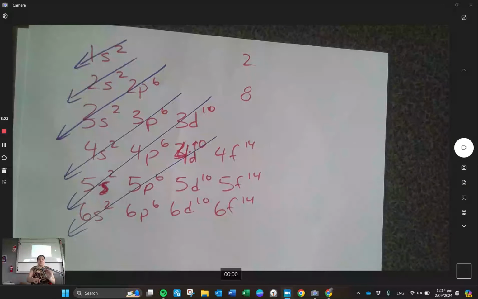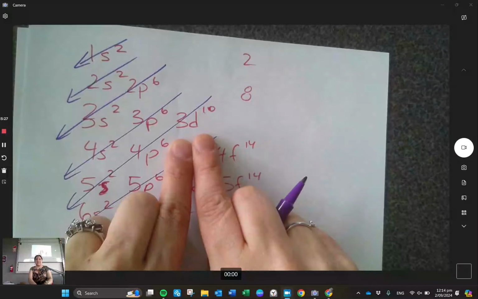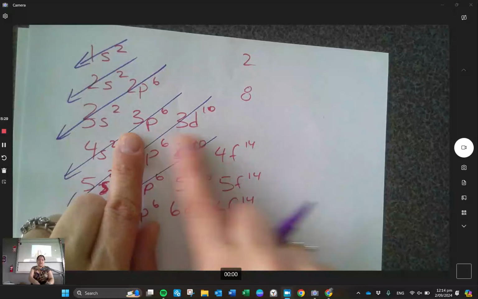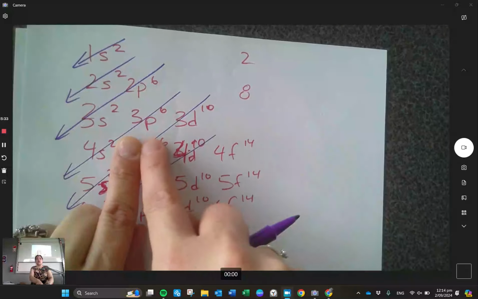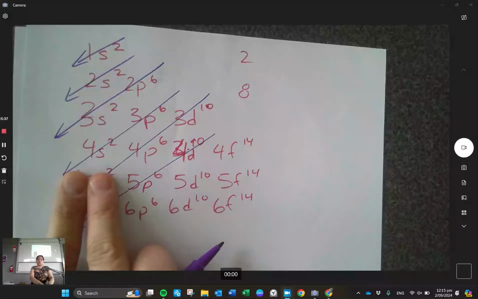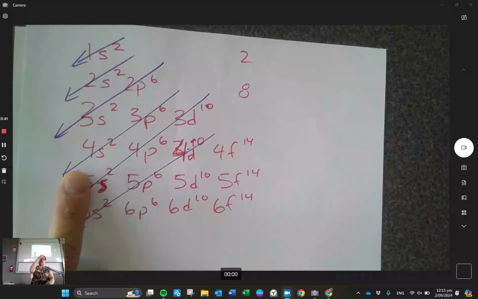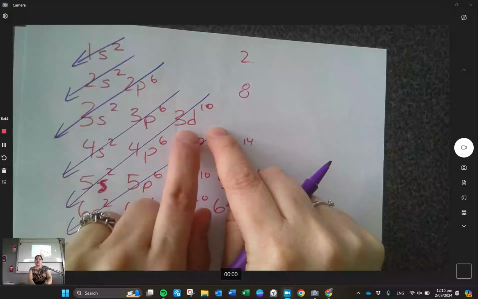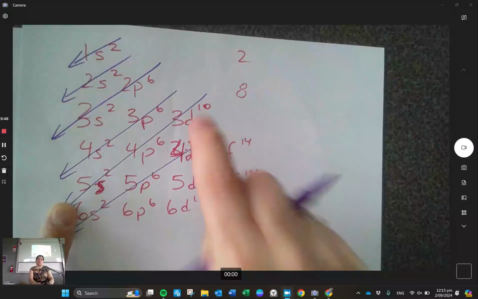So that's why instead of going from the 3P to the 3D, because you think logically that's in the third shell, we should go that way. It goes, no, we're going to jump up a shell because the 4S is a simpler shape than the 3D. So even though it's further away, it's a simpler shape, so that's why it's getting filled first, and then it backtracks to fill that. Because when you compare it against this one and this one, this one has the lower energy level.